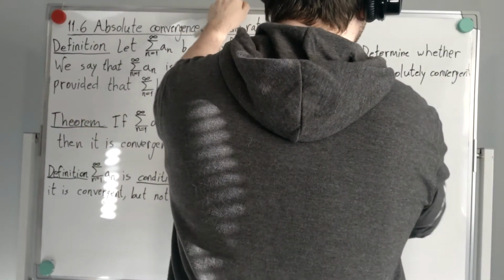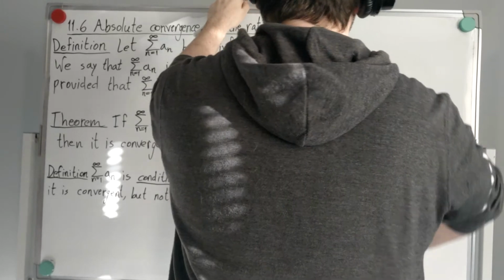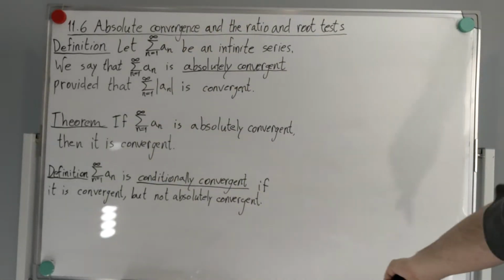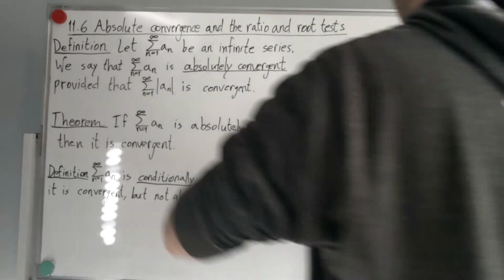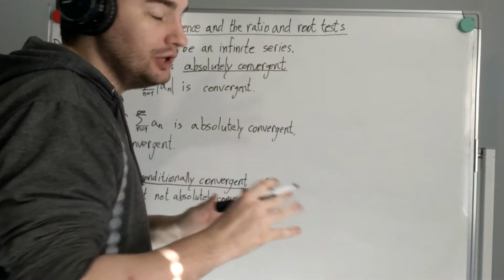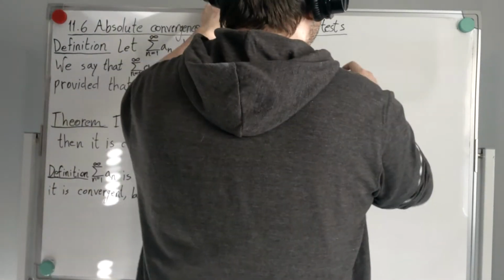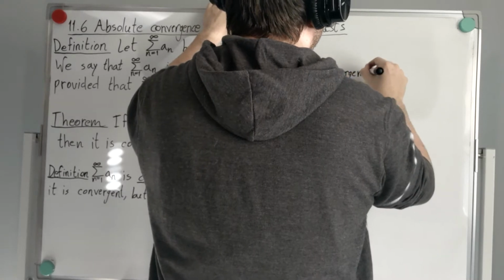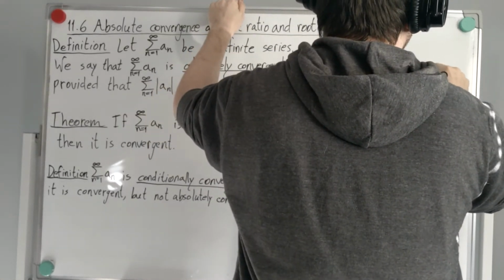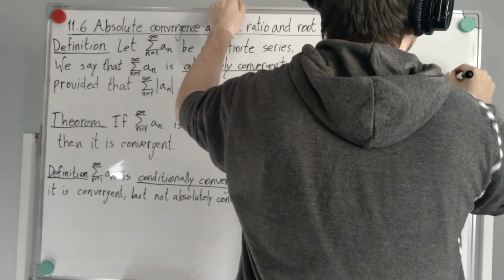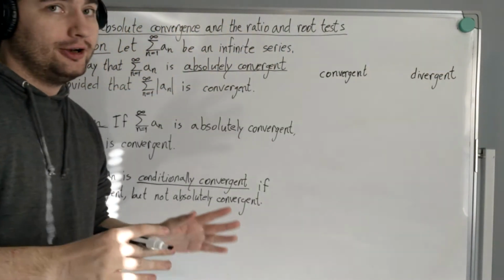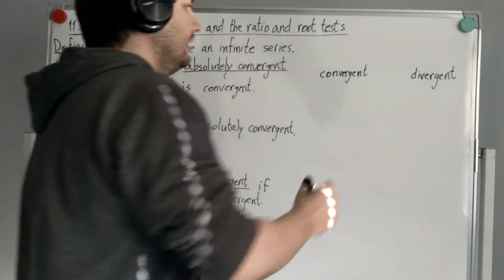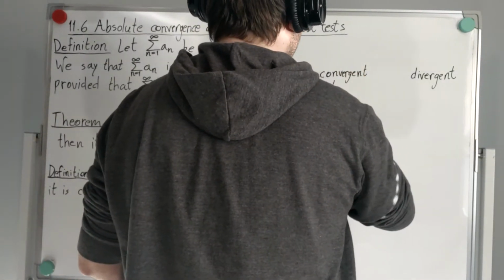I think some of you will think that I'm beating a dead horse when you watch this lecture, but I just want to be really clear about this. So what I'm saying is, a series could be either convergent or it could be divergent, right? Now, if it is convergent, it's possible that it's absolutely so.